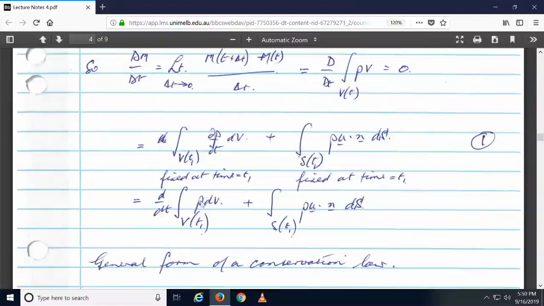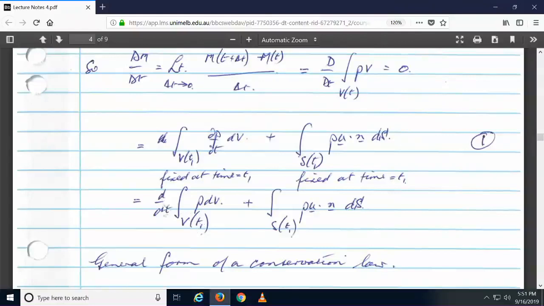So I work out the mass in there, and then the mass in that original volume at a later time, and divide by delta t and take the limit, and that is d dt of this quantity here. And now you see this volume is the original volume, so the volume doesn't depend on time.